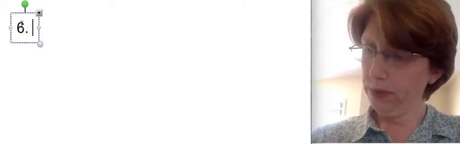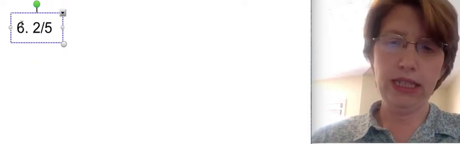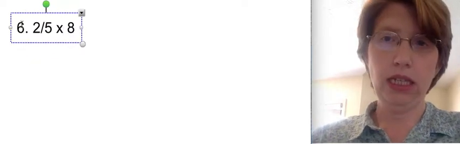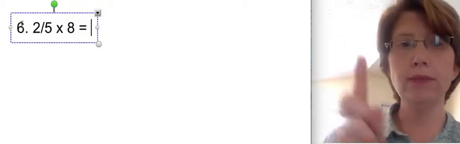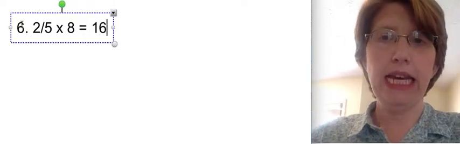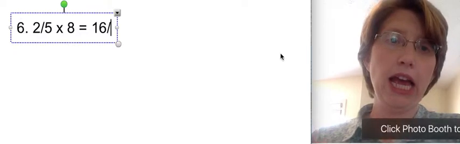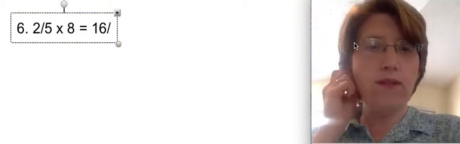Okay, this is number 6. 2/5 times 8. Numerator times whole number. 2 times 8 is 16. Slide over that denominator, which is 5.